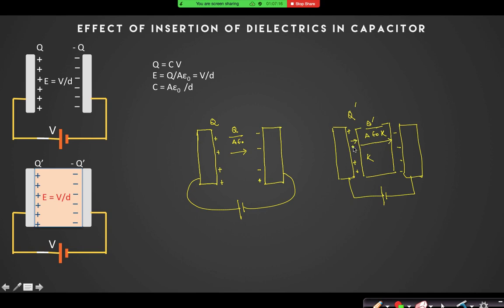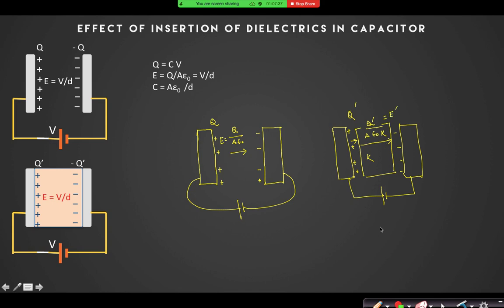Q prime by A epsilon naught K. Yes, it will only be divided by K. It is a basic concept that we need in this dielectric chapter. Now this is the new electric field. For example, this is the old electric field and this is the new electric field E prime.